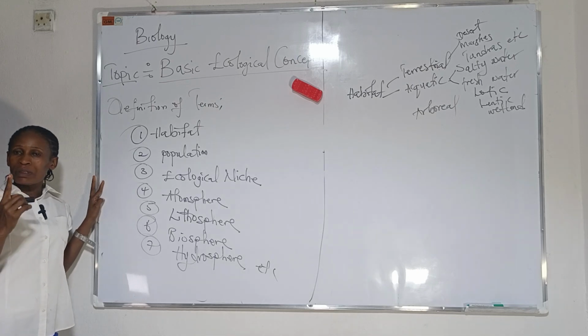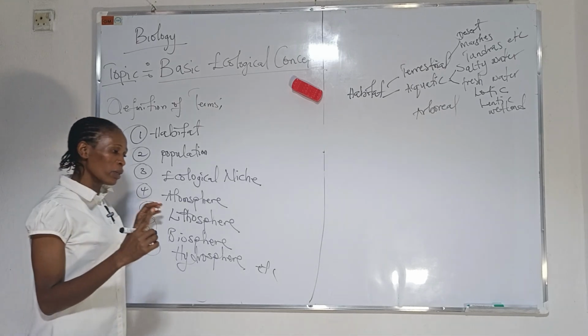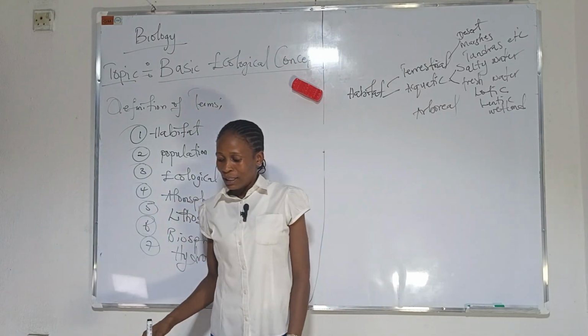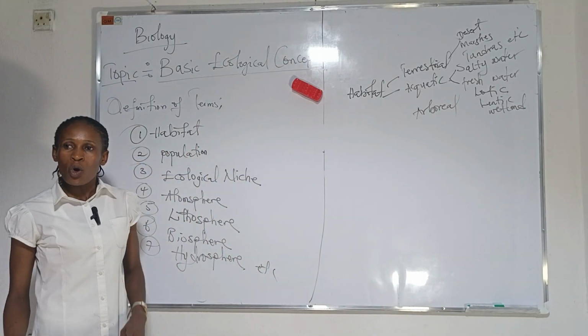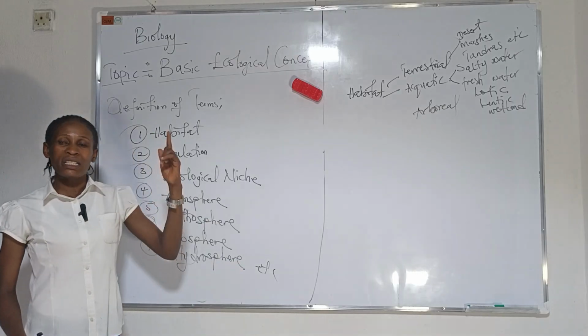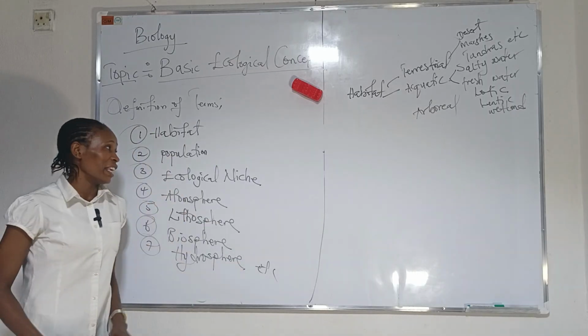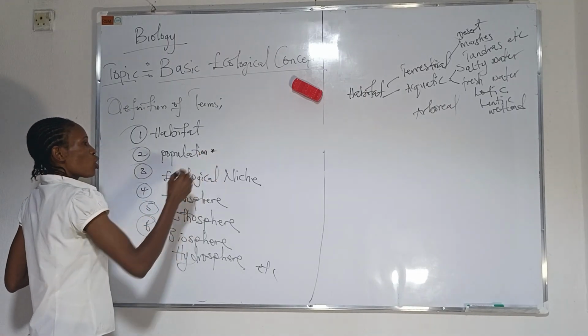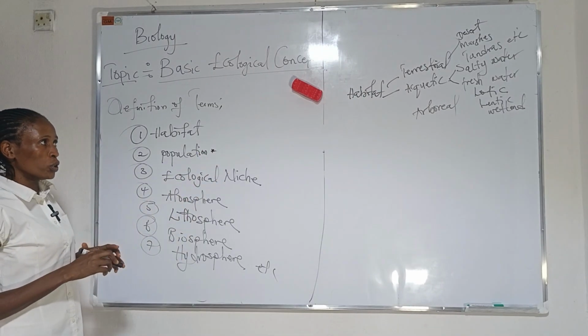Remember, there are things we put into consideration when defining population: at a specific time. That means as time goes on or as time changes, the population might increase. So take note of that very word.